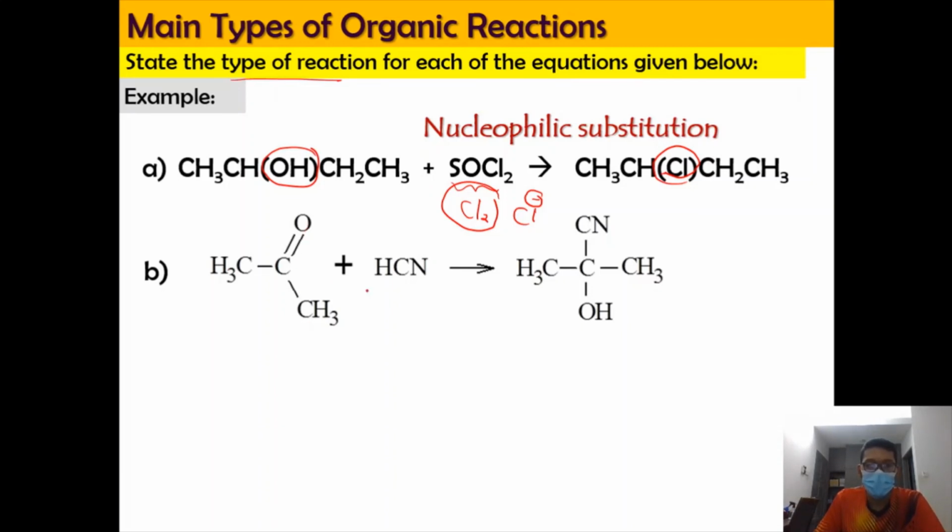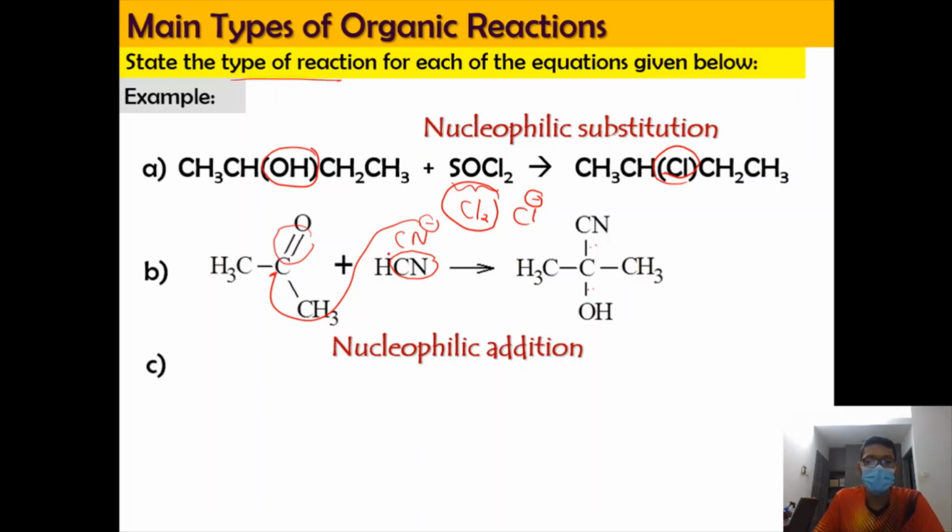Okay, now as what you can see here, the double bond become a single bond. Alright, and you know that when a double bond become a single bond, it is not being replaced. It is an addition reaction. Okay, so we know that it is an addition, but as mentioned, CN here going to be CN minus. So it's going to be a nucleophilic addition.